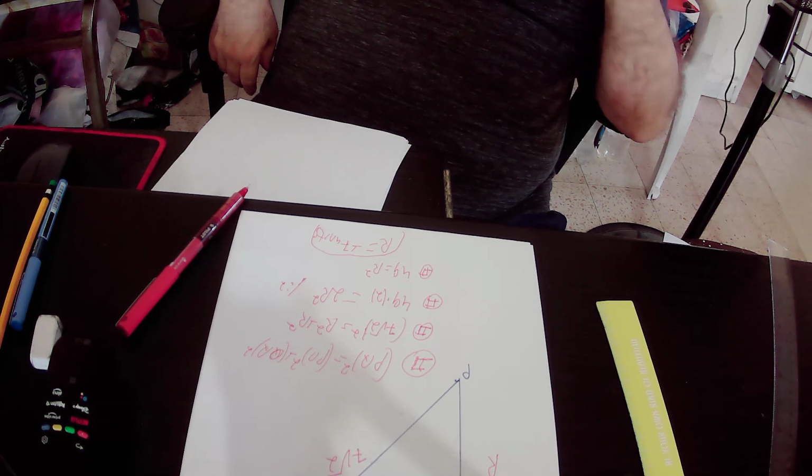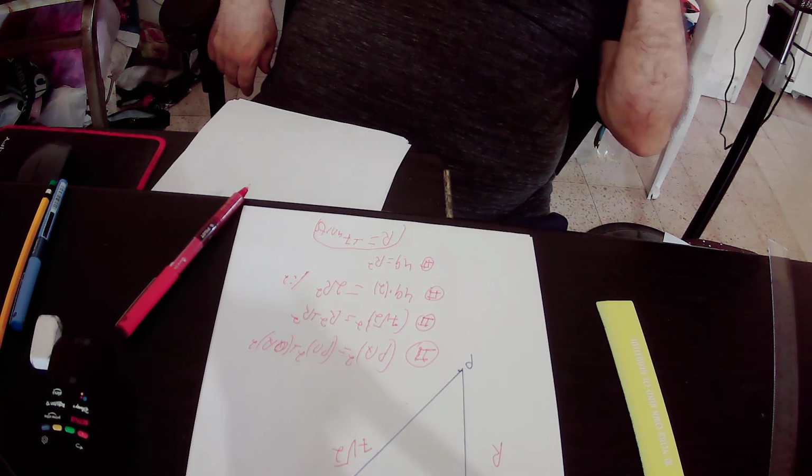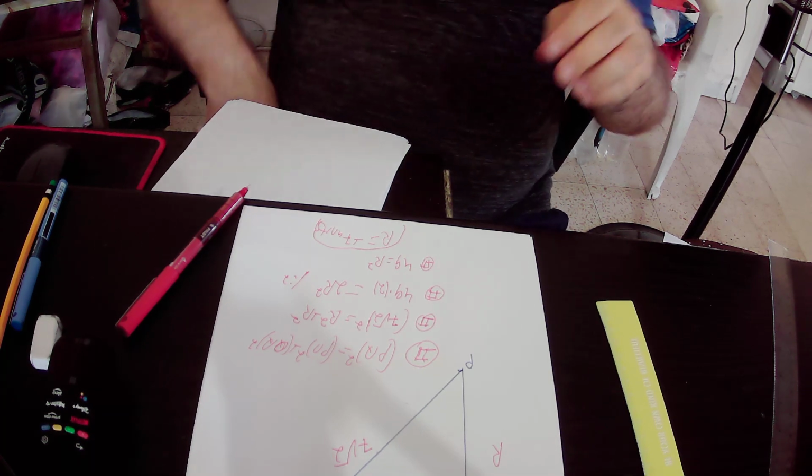So we got that the value of the radius of the semicircle, capital R, equals 7 units.